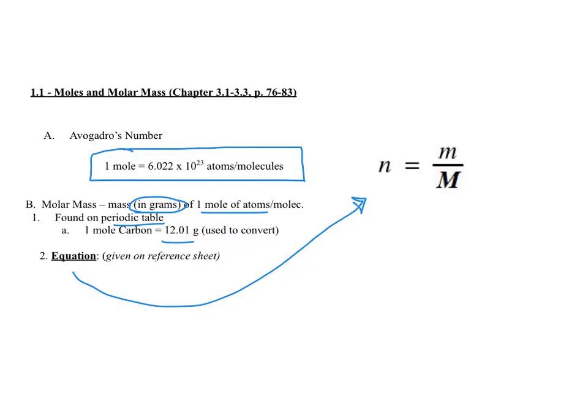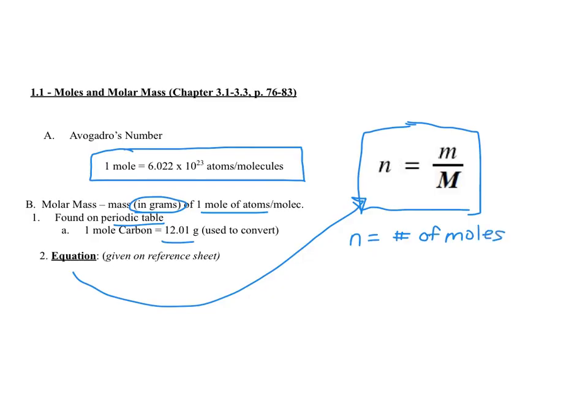Okay, first equation that we're going to come across, which is on your reference sheet for the AP exam, which means that it'll be given to you on any exam that you guys take in here, is this equation. You need to know what all of these things represent, what they stand for, and how to use the equation. Okay, so first of all, anytime you see lowercase n in an equation, it's going to represent the number of moles.